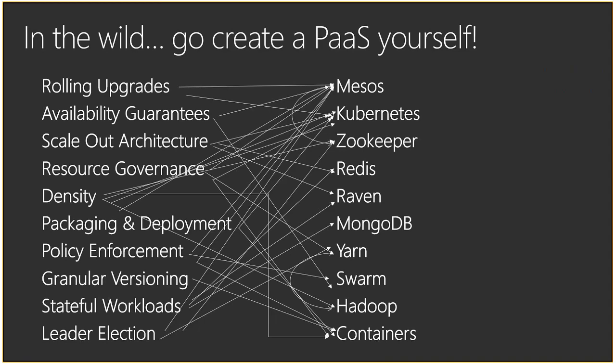And by the way, this is not a shot at any of the open source technology. They are very popular, especially Kubernetes. It's used by a number of customers around the world, and it is gaining a lot of popularity with AKS on Azure.